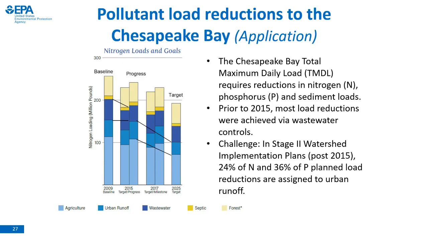Second case study I'd like to describe has been completed. This deals with reducing pollutant loads to the Chesapeake Bay. As many of you probably know, the Chesapeake Bay is subject to a TMDL requiring reductions in nitrogen, phosphorus, and sediment. Early on in the process, most of the load reductions were achieved via wastewater controls, but in the stage 2 and stage 3 watershed implementation plans, a much greater fraction of planned load reductions were assigned to urban runoff.